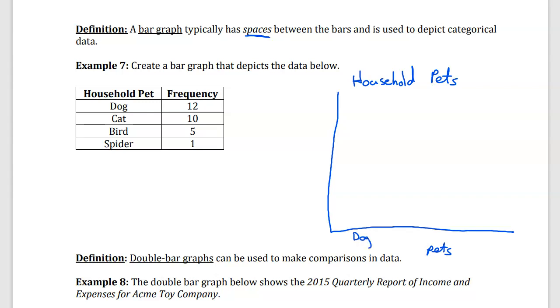I'll put dog, and then I'll put cat, and then a bird, and then a spider. And I'll put frequency again over here. And then I'm going up to 12. So I'll go 2, 4, 6, 8, 10, and 12. So dogs have 12.